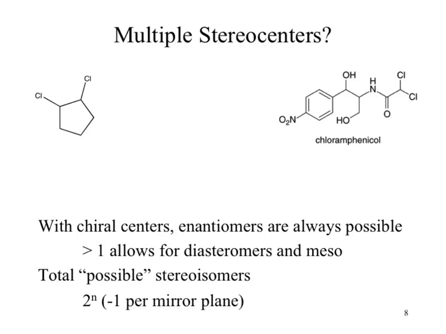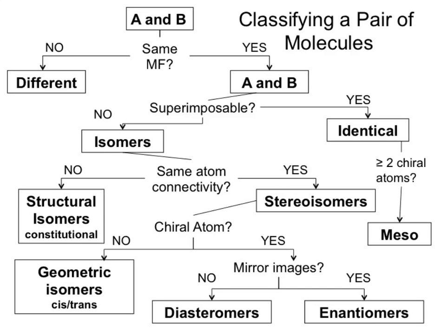One of the issues that we talked about with that previous compound, the dichlorocyclopentane, is that if you have an internal mirror plane, you lose a stereoisomer. That's because the structure ends up being identical to one of the other quote-unquote stereoisomers. That is a result of it being a meso compound. A meso compound is something that is identical, but we're adding a little extra information to it.